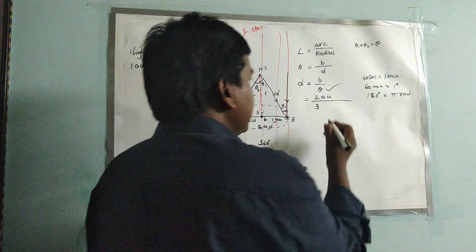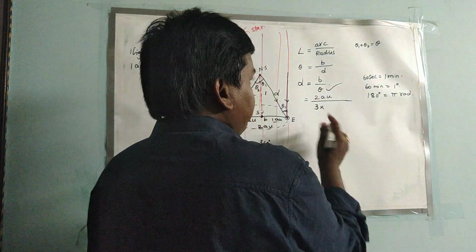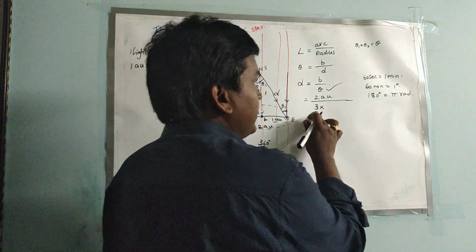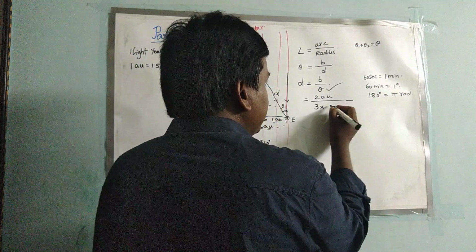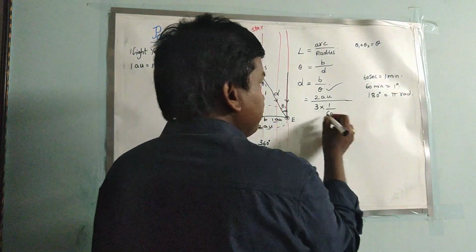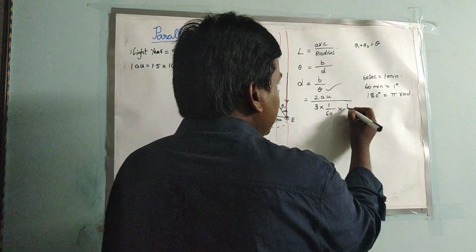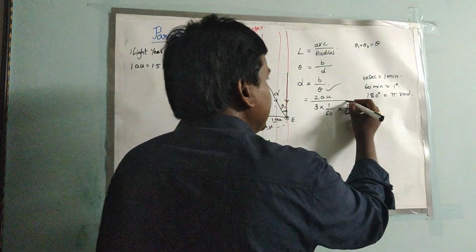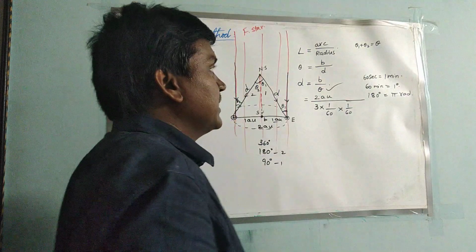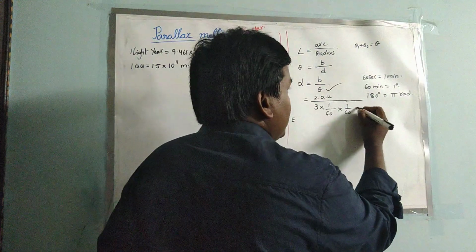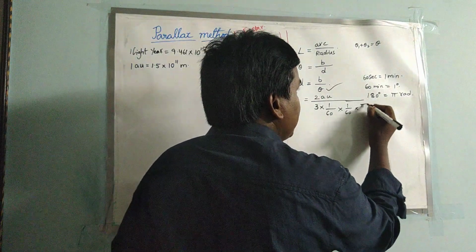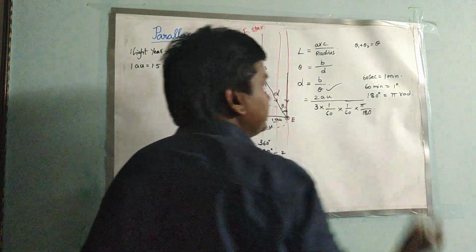So for radians, 3 into, first it is in seconds, so first we have to convert into minutes, 1 by 60 minutes, and 1 by 60, this is we are converting into degrees. And now radians, pi by 180 radian.